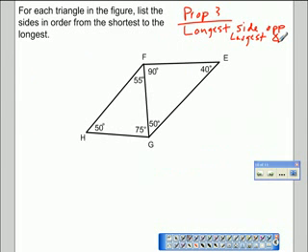If the longest side is opposite the largest angle, that means the shortest side is opposite the smallest angle, right? So, shortest side, opposite smallest angle. Right? Right.